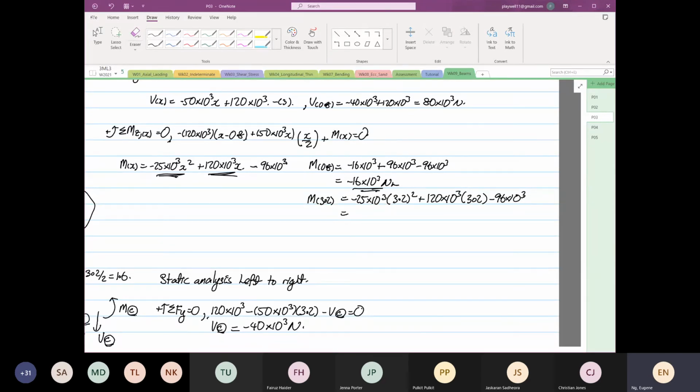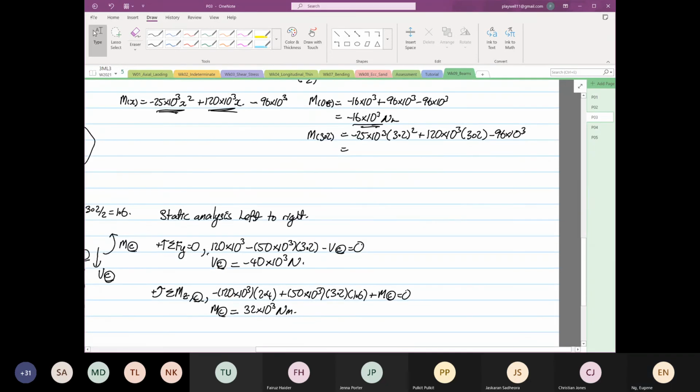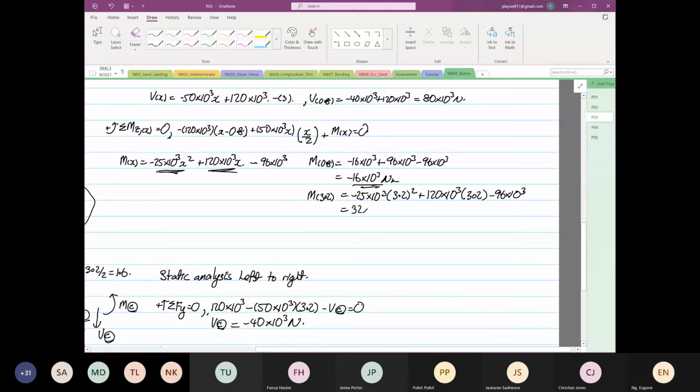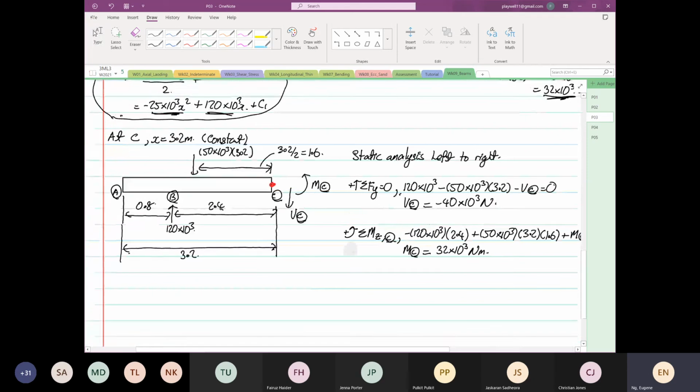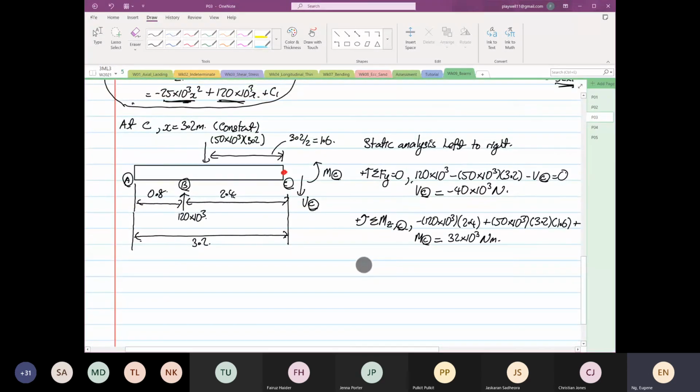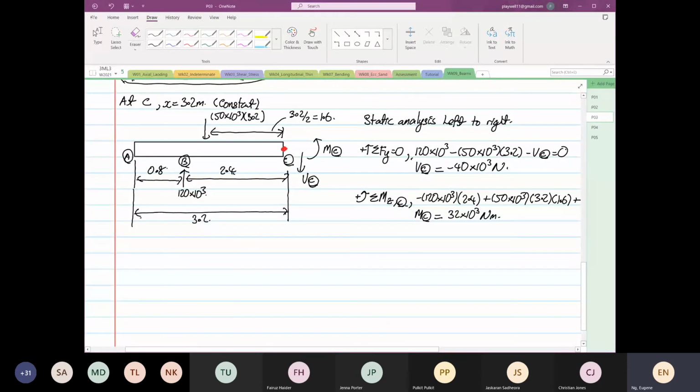So I get 32 times 10 to the power 3 Newton meter. So now you're very sure that your answer is spot on. Okay, now you can confirm, right, that your equation for B to C is correct. Now let's try another way of doing it. So now I'm still going to focus at point C.